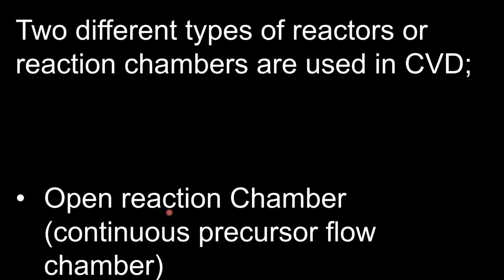So the precursor material in a gaseous form is introduced from outside of the reaction chamber into the reaction chamber, and the flow of the precursor material in a gaseous form is continuously introduced inside the reaction chamber, and you can monitor the rate of the flow of the precursor material inside the reaction chamber. There is a device known as a mass flow meter.